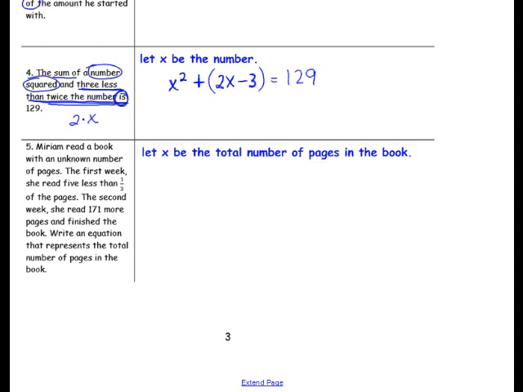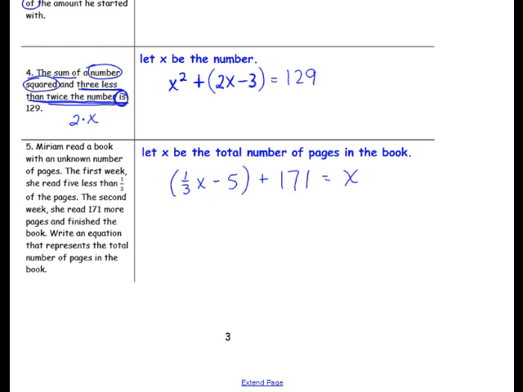I'm going to let x be the total number of pages in the book. The answer is 1/3 x minus 5, all added to 171, and that equals the number of pages in the book.